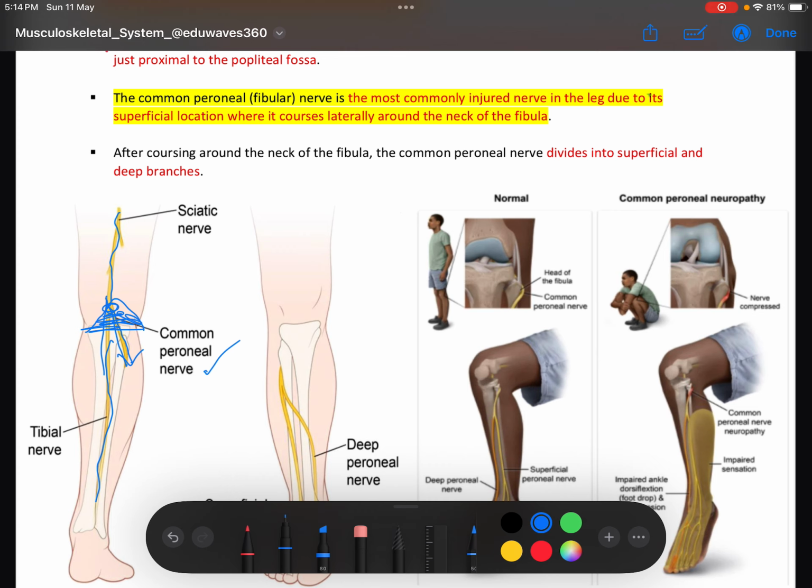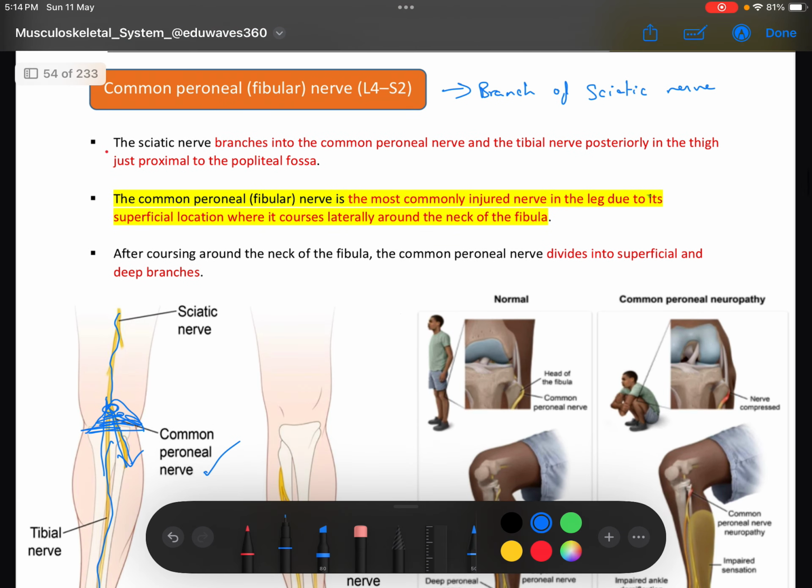That's why we have to know everything: the origin, the course, how it divides, and what the functions are. That's why I'm going a little deep into this topic. This is a very important topic because in my clinical rotation I saw more than 10 foot drops, because of fibular fractures, and we will discuss these step by step.